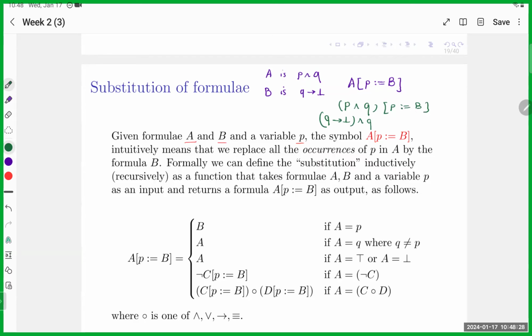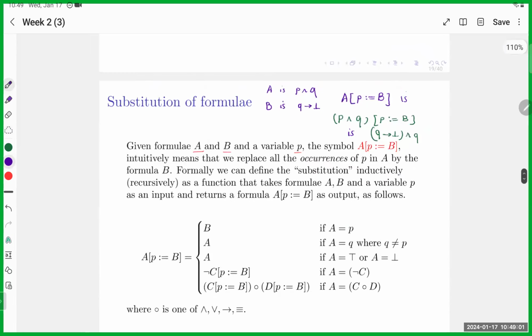So we're going to use this. Yes, that's what it means.